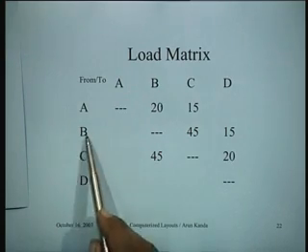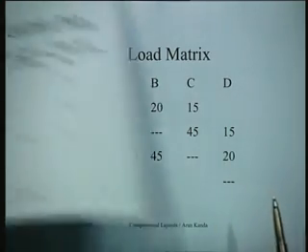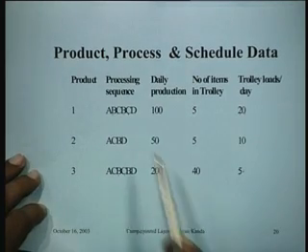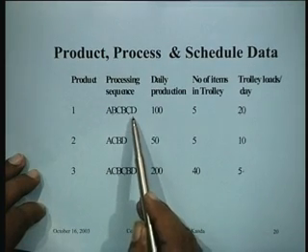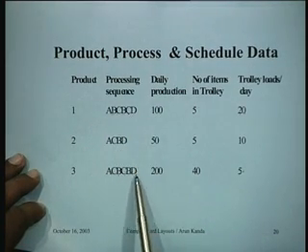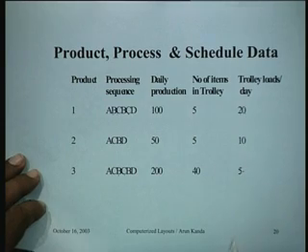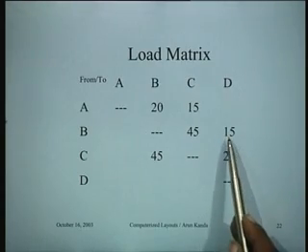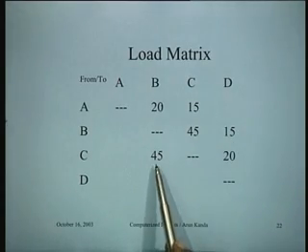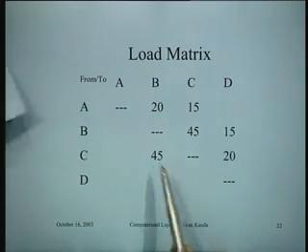And from B to D, there's no movement here, but there is B to D here, and B to D here. The total movement is 15 trolley loads.